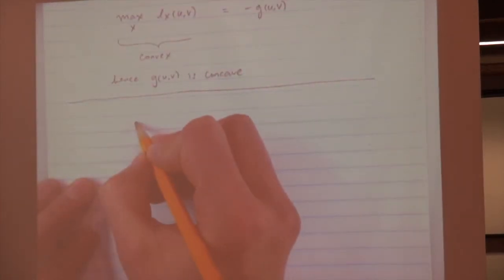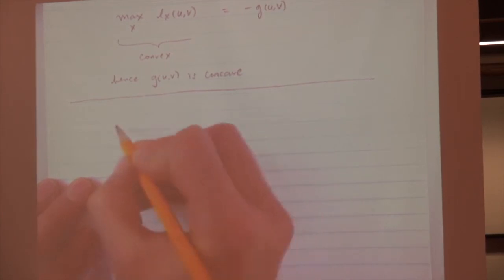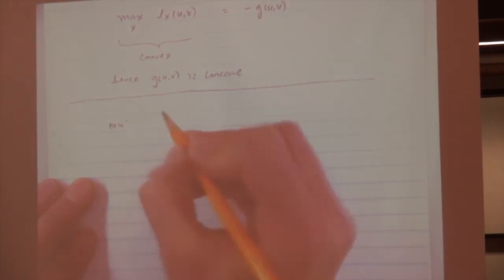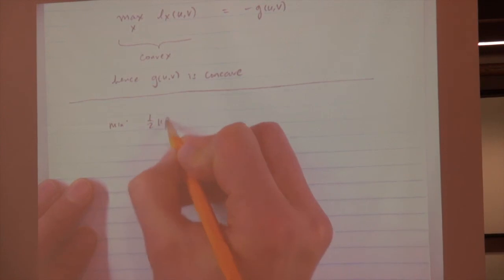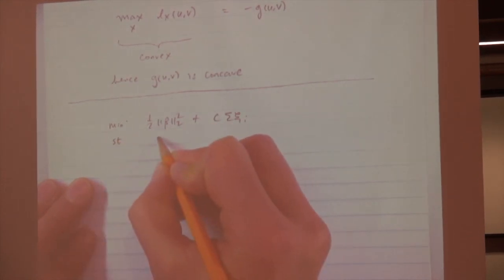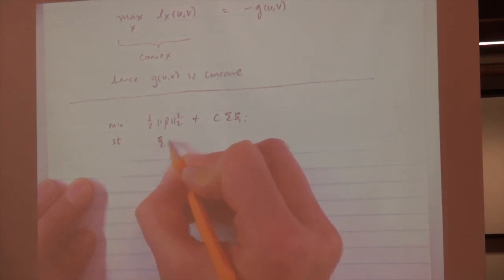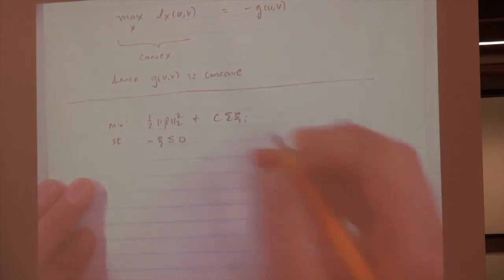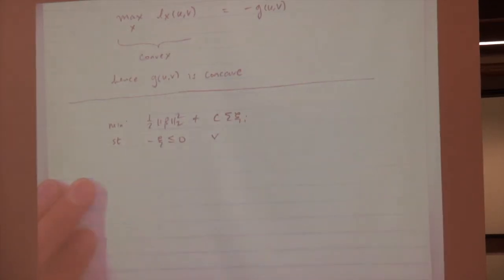It looks like we're going to write down the constraints, so minimize. I'm going to write this constraint as minus psi is less than or equal to 0. I'll call these v.